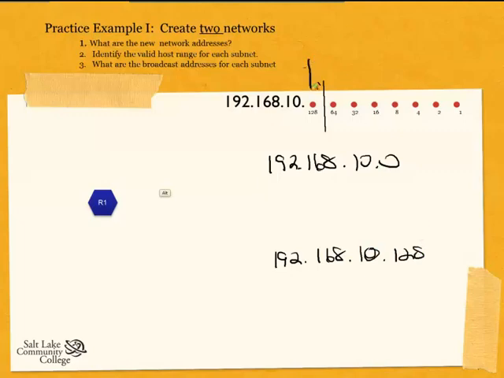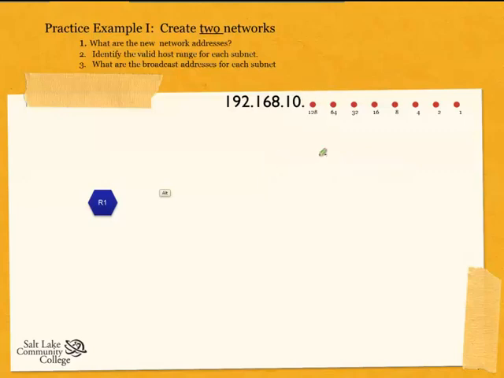Notice, another reason I draw the line: the number of the rightmost bit that you borrow, the lowest order bit that you borrow, is also going to tell you what increments your networks go in. So we have two possibilities here, right? In one bit, two possibilities. First one's going to be 0, going in increments of 128. So 0 is the first network number, and 128 the next network number.